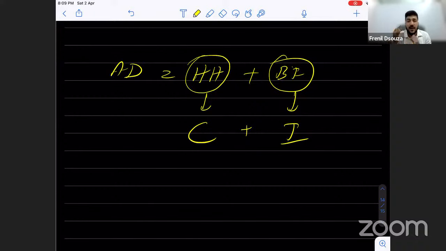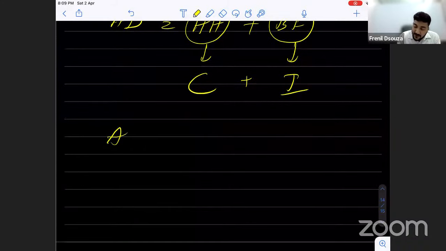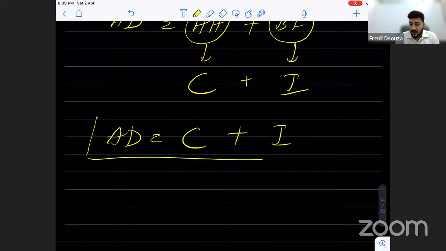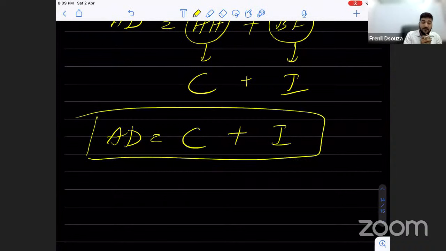Again, all these discussions we have done in the classroom. So aggregate demand is equal to consumption plus investment in the two sector model. Now the question comes, what do you mean by consumption, and how does consumption come into play?